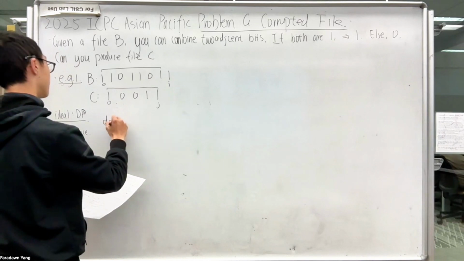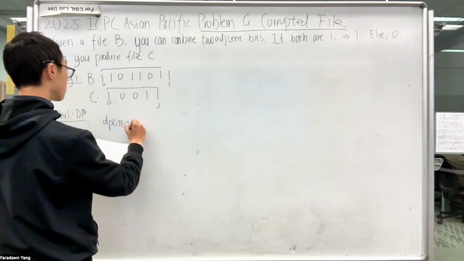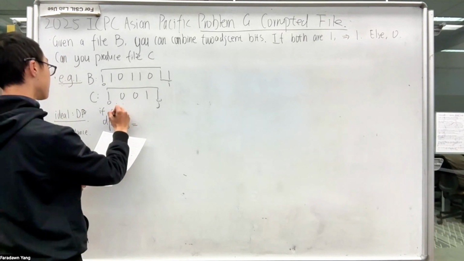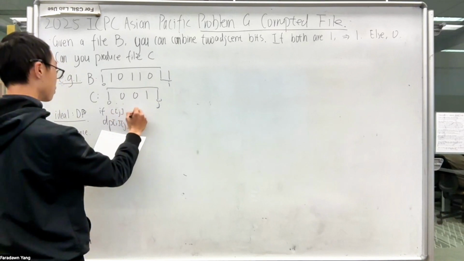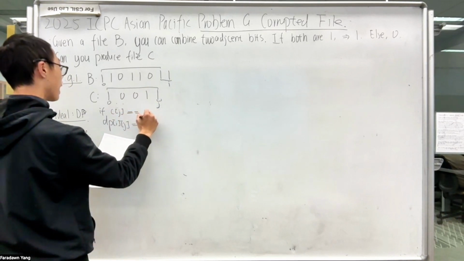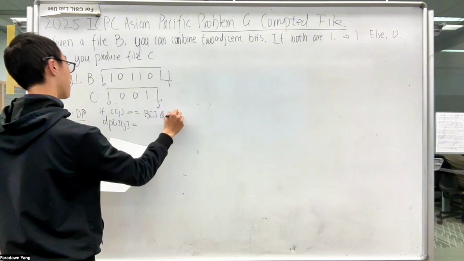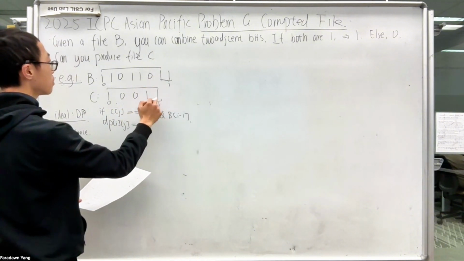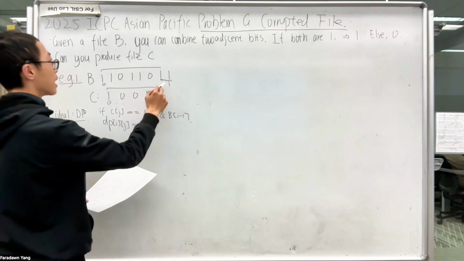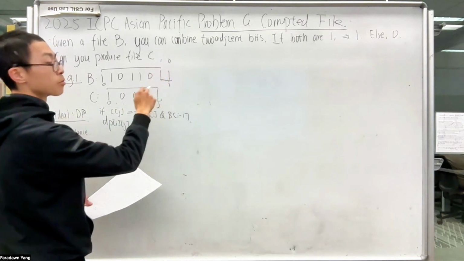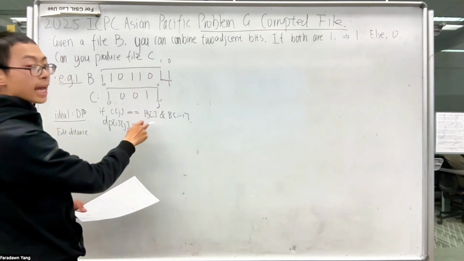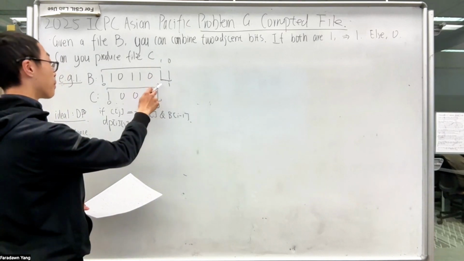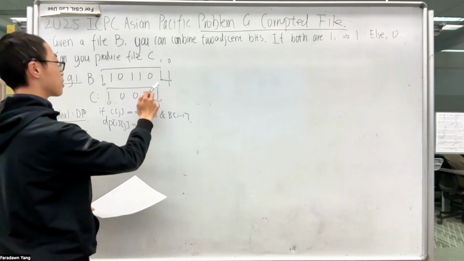So dp of i and j will equal to, we can say if Cj is equal to Bi and Bi minus 1, which means by producing the AND of these two, we get a 1. And if any of them is 0, the AND of Bi and Bi minus 1 will also be 0.